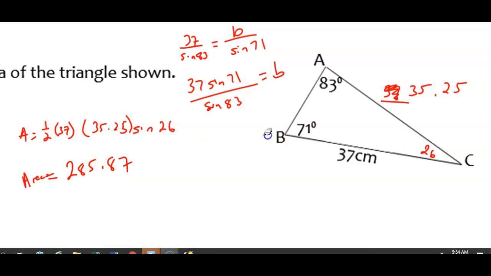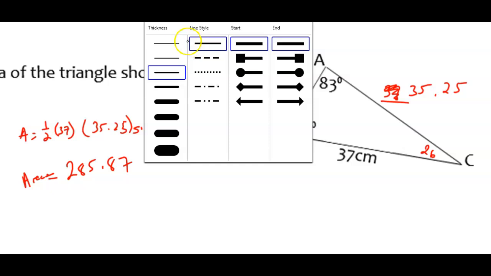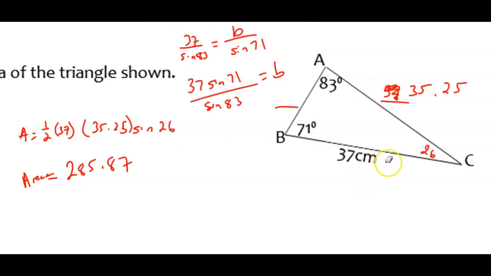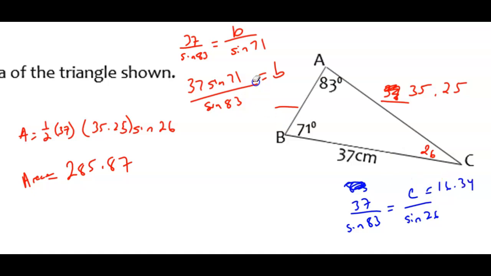Let's hypothetically show you if I had found this side right here, side C. If I use law of sines real quick, 37 over sine of 83 equals side C over sine of 26, so 37 sine of 26 divided by sine of 83, and C would be 16.34. So we did the same thing with 71.